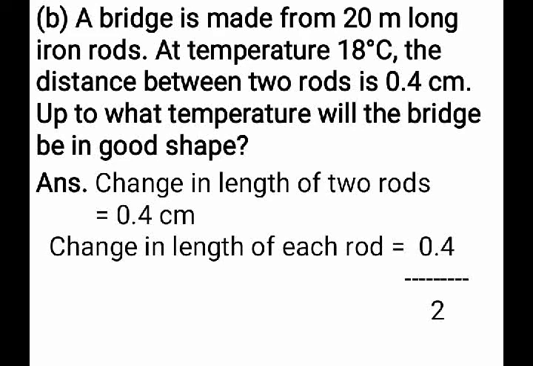If more than one thing is given and one thing you are finding, it is division. Okay, so you have to divide 0.4 by 2. 2 ones are 2, 2 zeros are 0.4. I got the answer. Change in length of each rod is equal to 0.2 centimeter.